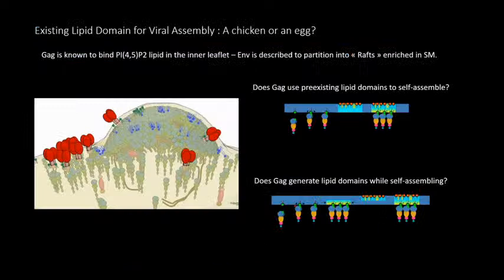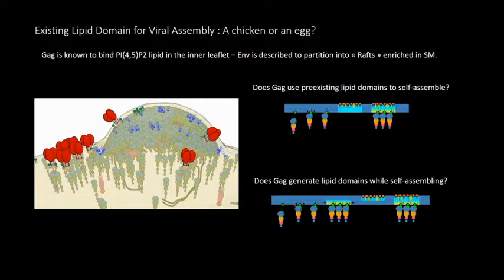We took benefit of these dynamic nanoscopy methods to tackle another question about the role of the plasma membrane during HIV assembly. Gag, the main protein of assembly, is known to bind PI(4,5)P2 lipid in the inner leaflet of the plasma membrane, while envelope has been described to partition into rafts that are domains enriched in sphingomyelin standing at the outer leaflet of the plasma membrane.